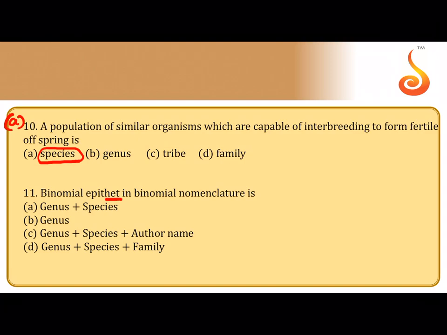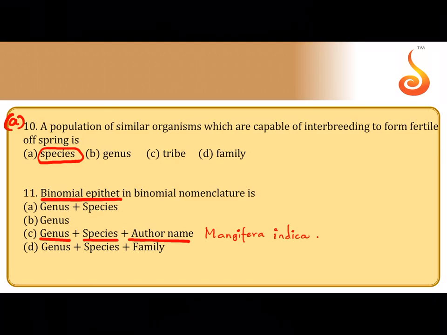The next question talks about something called a binomial epithet. A binomial epithet includes genus name, species name, and author's name affixed to it in abbreviated form. Like for example, in the synopsis we had discussed, if you write Mangifera indica Linn, isn't it?